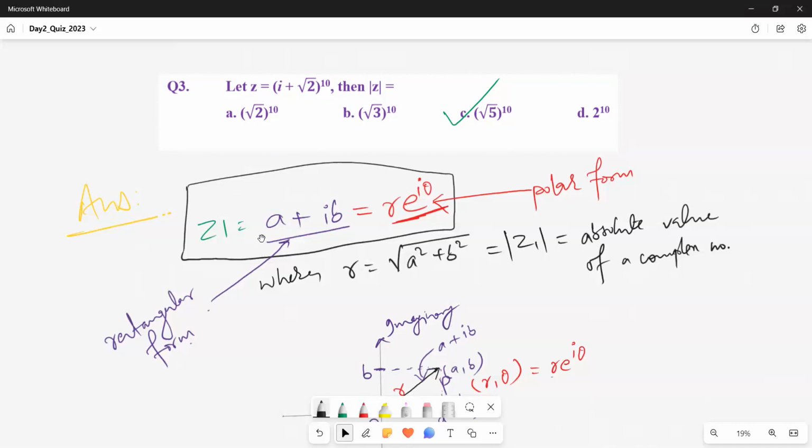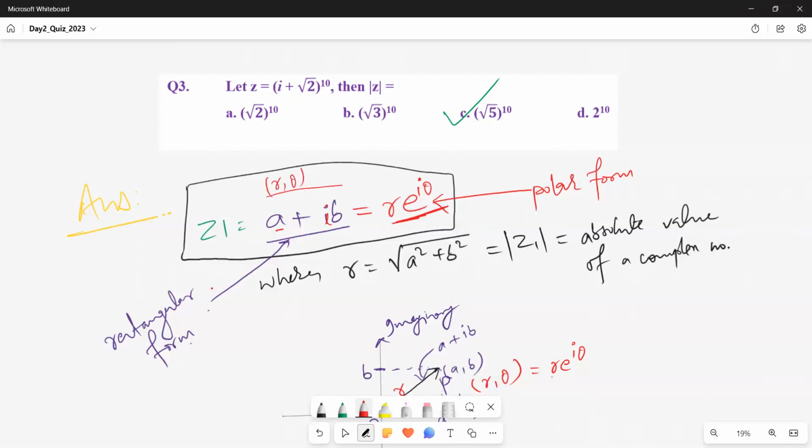So z1 equal to what do we have in rectangular form? A complex number can be represented in rectangular form as a plus iota times b, so a plus ib. The same thing can be written in polar form as r comma theta.